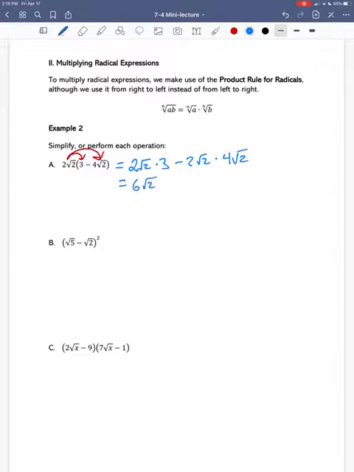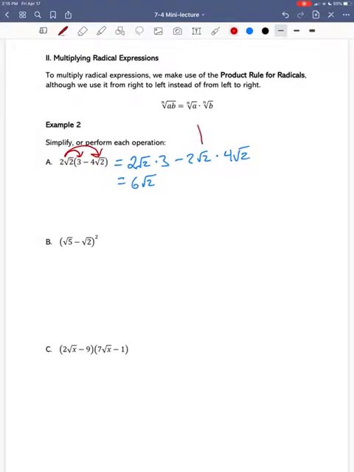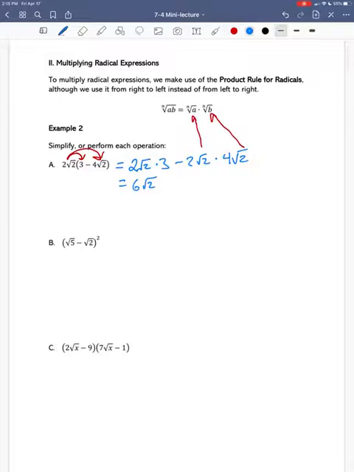of 2. For this second part, when I have square root of 2 times square root of 2, that's my a and b here. My square root of 2 is like this nth root of a, square root of 2 here is like this nth root of b. And so what I would get, if I did that, the outsides would get multiplied together.